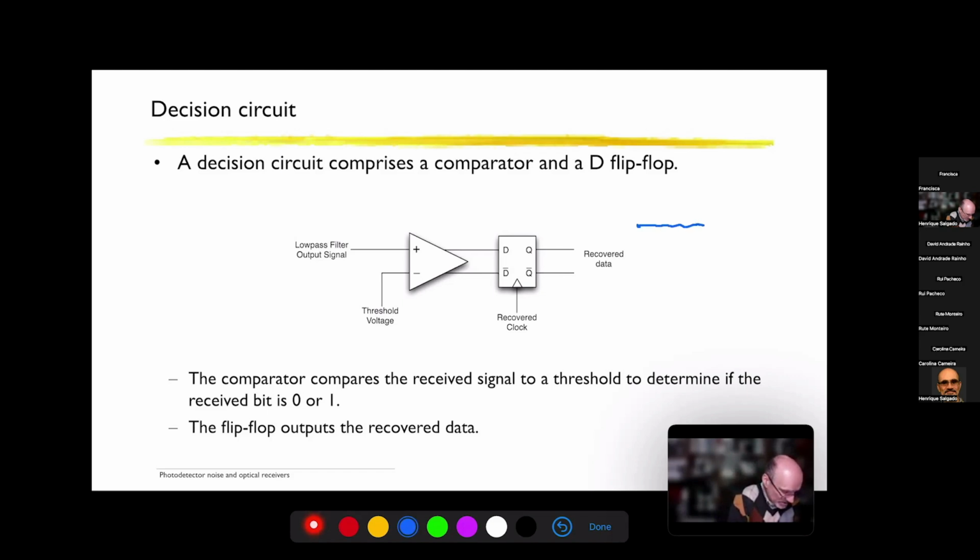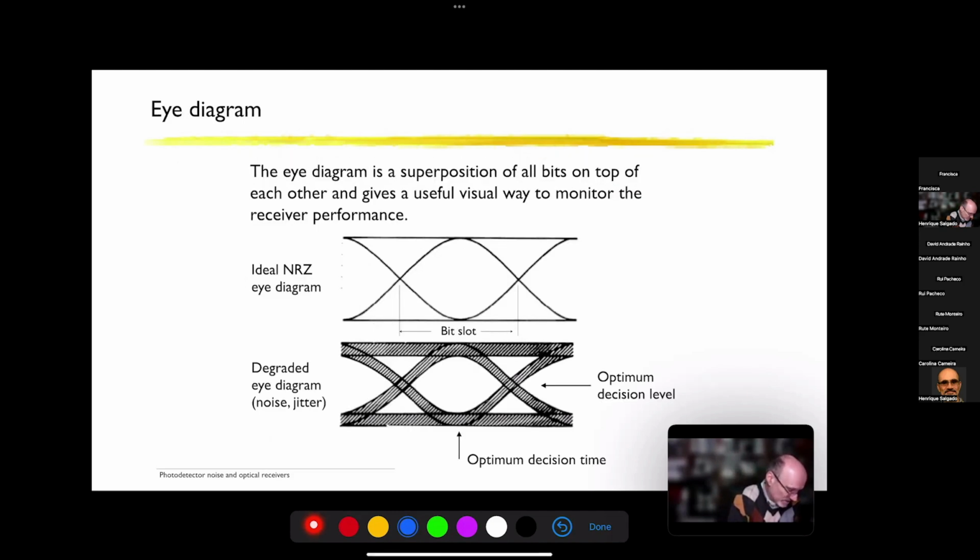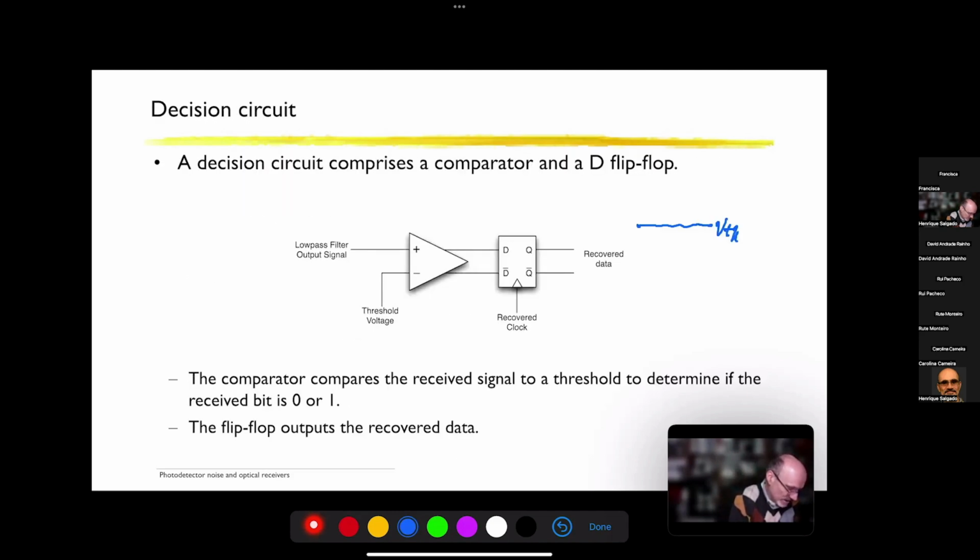Suppose this is the threshold voltage, and we have the signal coming through, which has noise, and sometimes goes below, is 0, goes above. And so at the output of the comparator, we have something like this, just voltage.